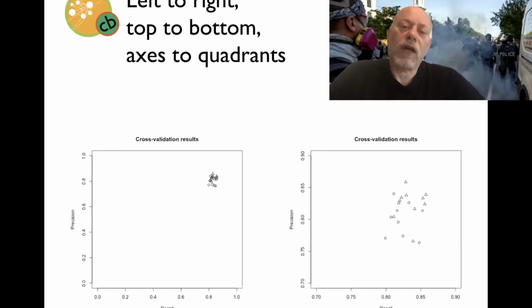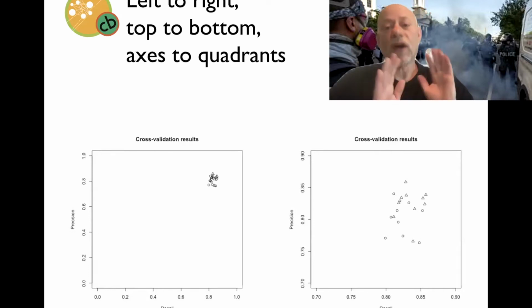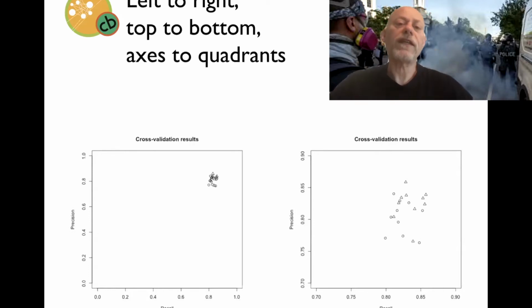We know that it's cross-validation results, so from the beginning we expect to see a series of points. So we look at the quadrant and we see that indeed we have two kinds of points. We have the open circles and the open triangles, and they overlap some and mostly cluster in the same part of the graph.